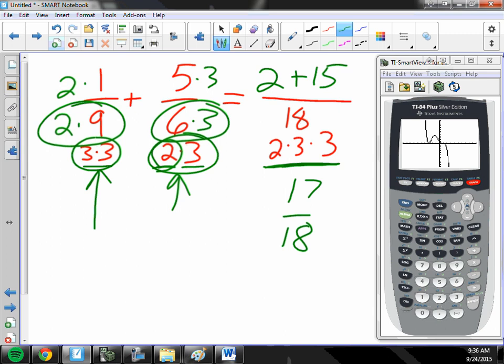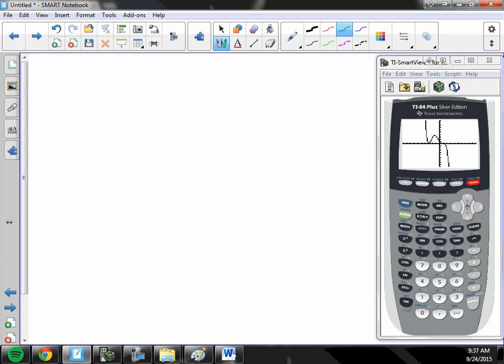Okay, let me try one more. So let's do 18 and 20. So 7/18 minus, let's not do that. Let's do 7/20. So 18 is made up of 2 times 3 times 3.